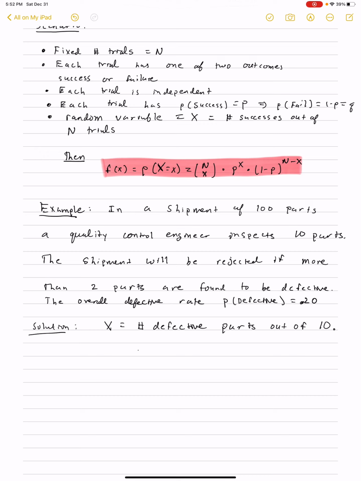Here, x is going to be the number of defective parts out of 10. So already I've set up my random variable to correspond to the binomial distribution.